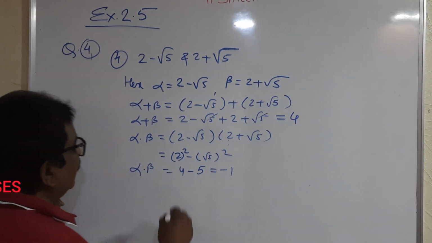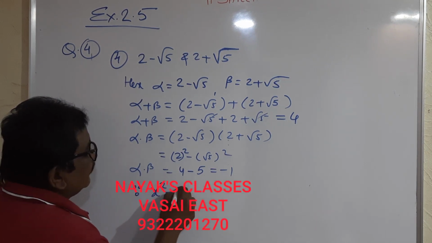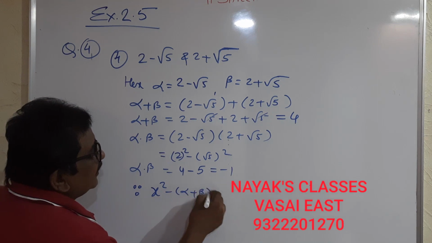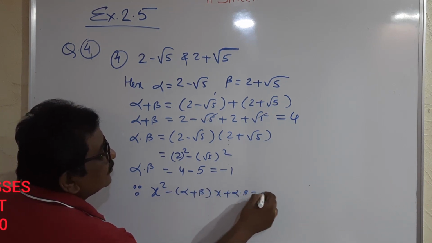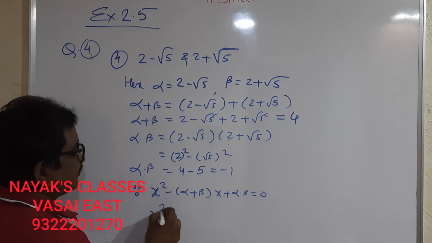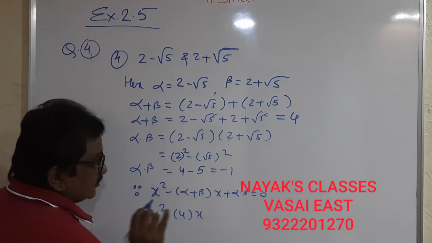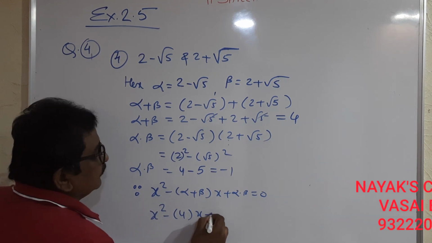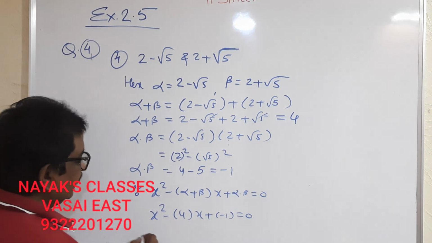So now, since x square minus alpha plus beta, x plus alpha into beta is equal to 0, so x square minus into bracket 4x plus into bracket minus 1 is equal to 0.